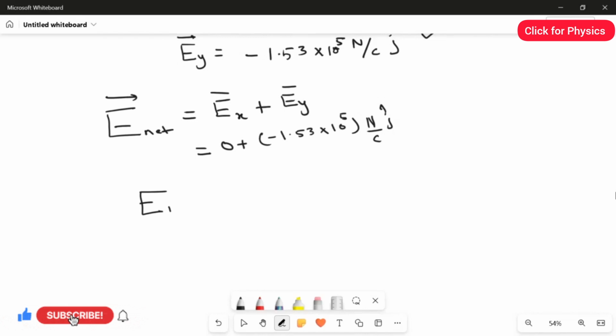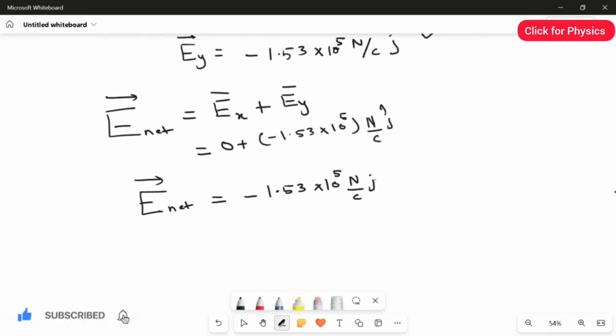So the net electric field at point P is equal to minus 1.53 multiplied by 10 power plus 5 Newton per coulomb, and its unit vector notation is j cap.